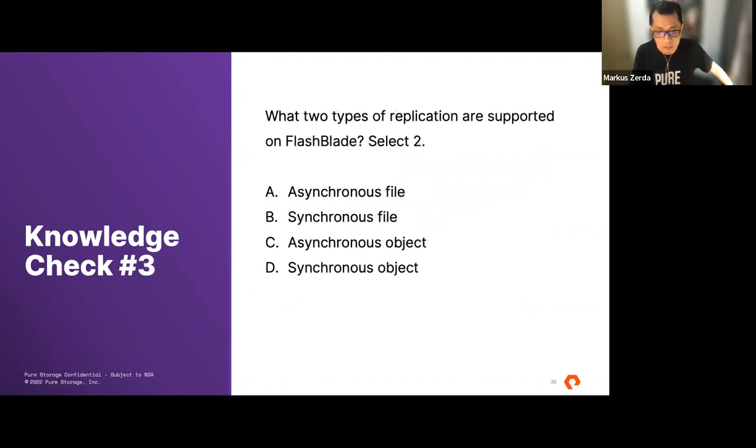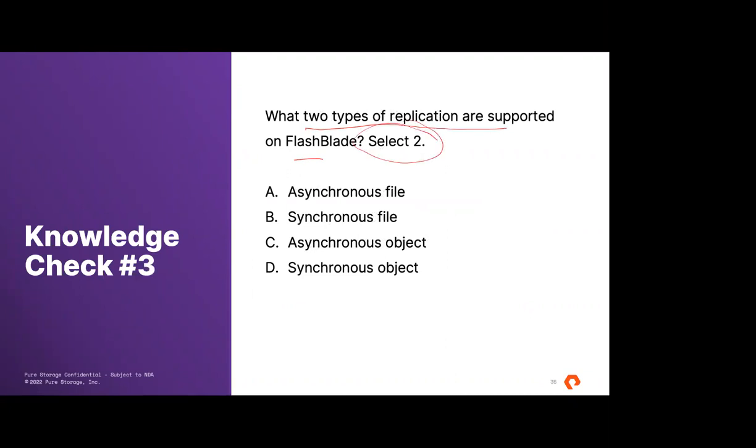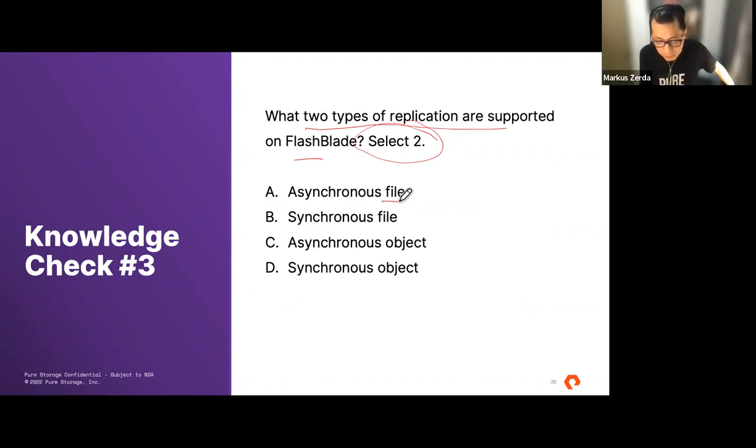Next is the two types of replication that are supported on FlashBlade. Select two. A and C, right? So we support async file replication and async object replication. There's no synchronous replication yet on the FlashBlade. All right, so A and C.